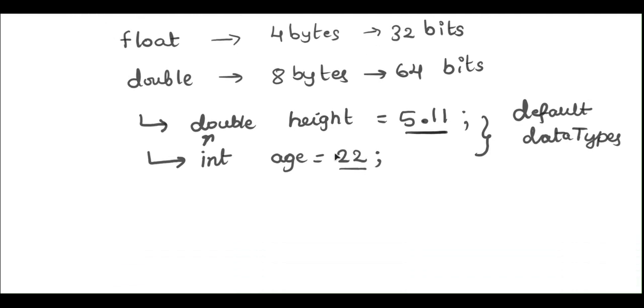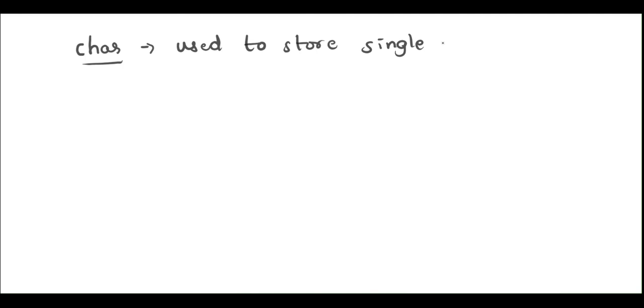The next one, we need to store characters. For that, we have the char data type. The char data type is used to store a single character. I just declare char grade is equal to a.